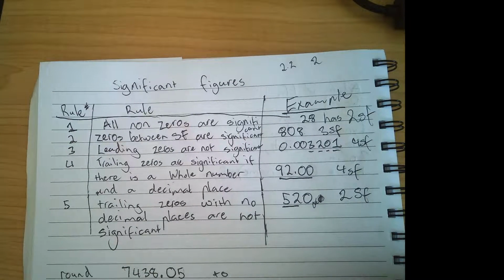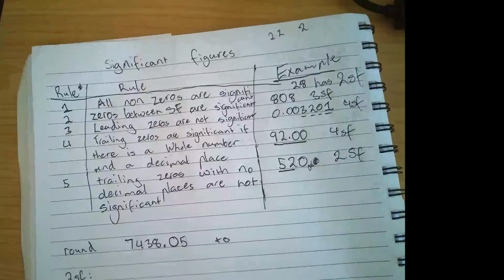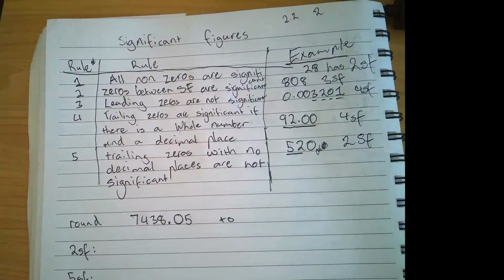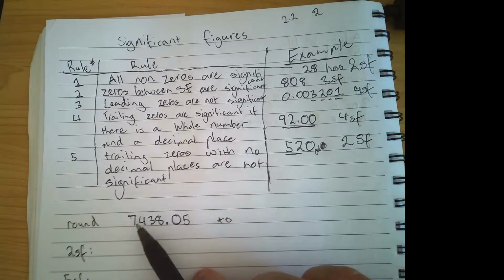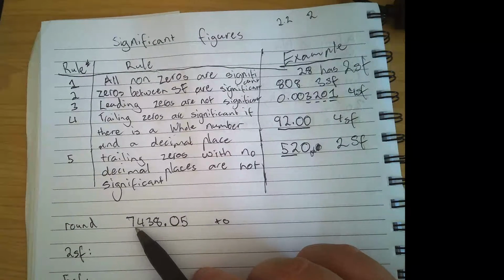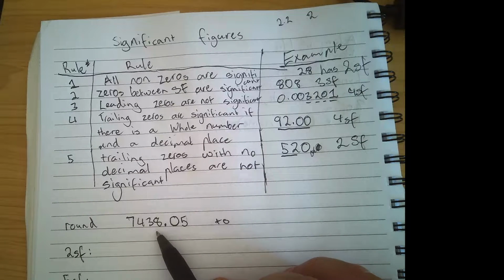Okay? So just so you get the hang of it, if I was going to round 7,438.05 to 2 significant figures, what I do is just like I would after a decimal place, I count 2 values across, so 1, 2. And then the next number, I round up or down based on whether it is less than 5 or greater than or equal to 5.